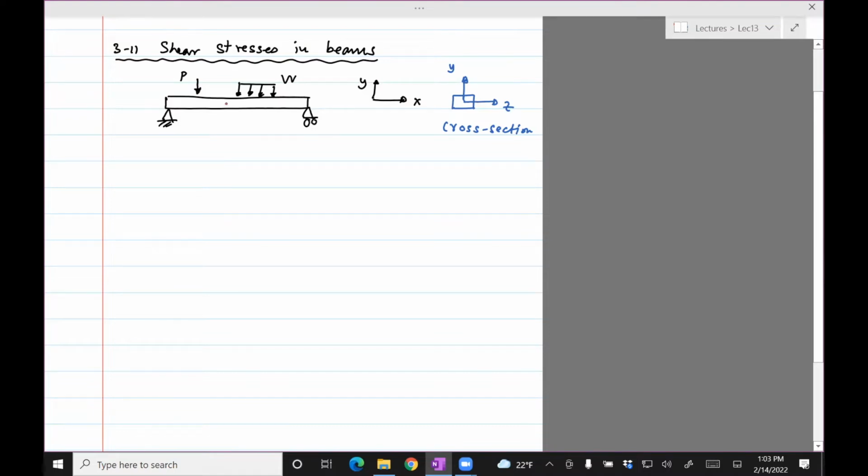So like before, what we do is we consider a small element on the beam, and I'll blow it up.